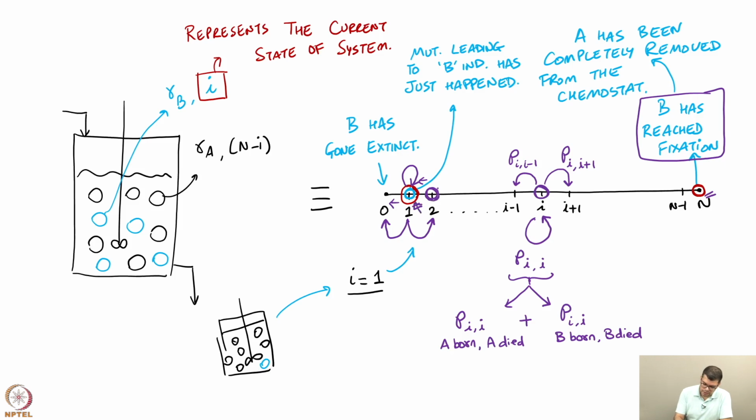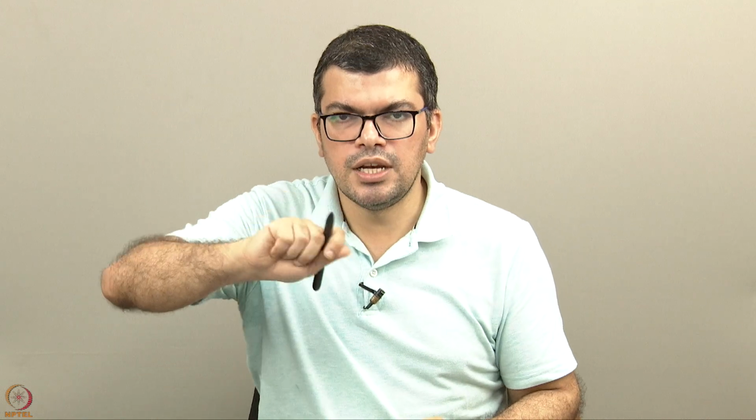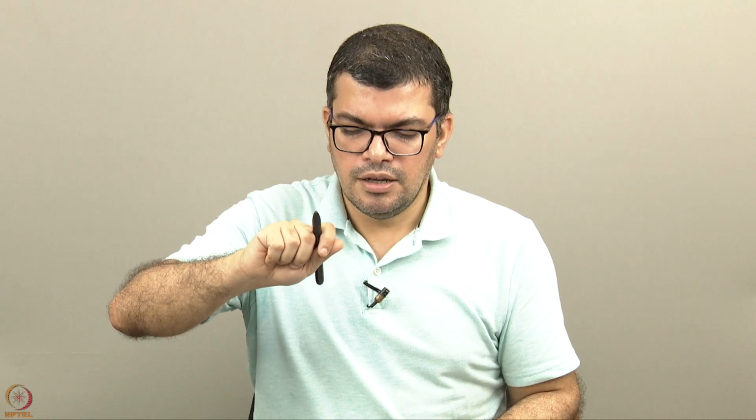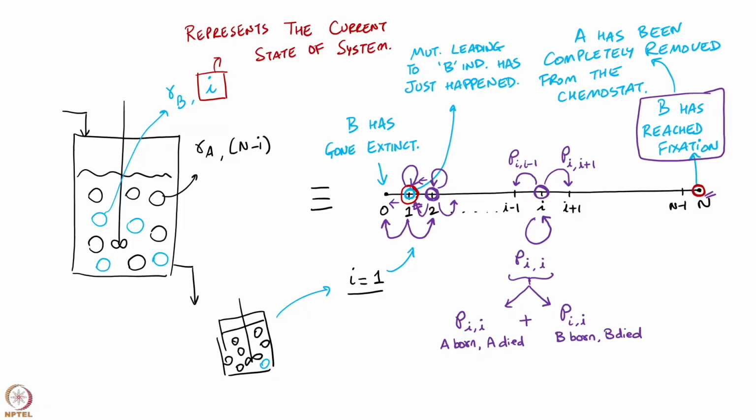From 2 again there are 4 possibilities. 2 of them say that the system will remain at 2, one of them says it can go to 3, and one of them says it can come back to 1, and so on and so forth. So, there is going to be this tug of war and the system is going to oscillate between numbers and then it is going to end up at either 0 or n. Anywhere in between it is going to keep fluctuating and its fate is going to be decided by a combination of, as we will see, selection and noise.